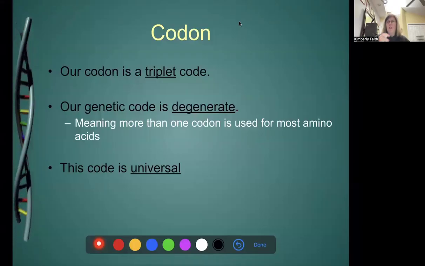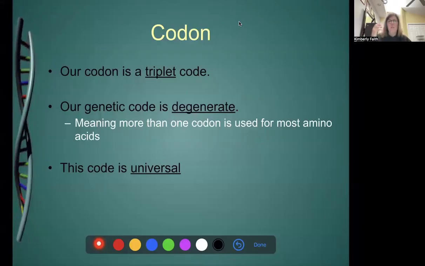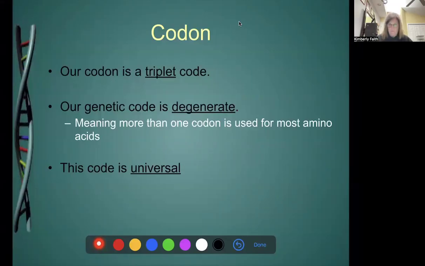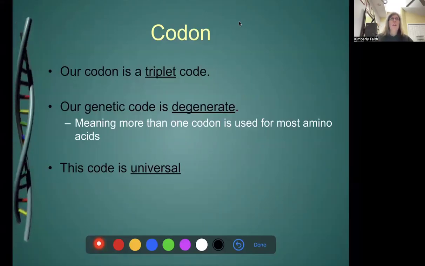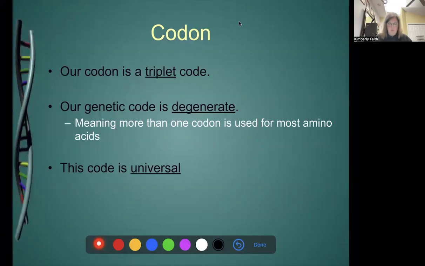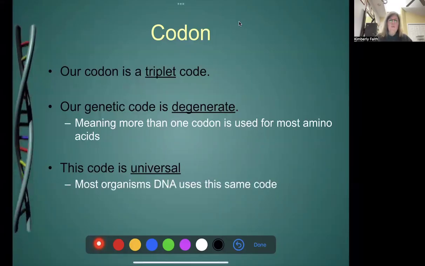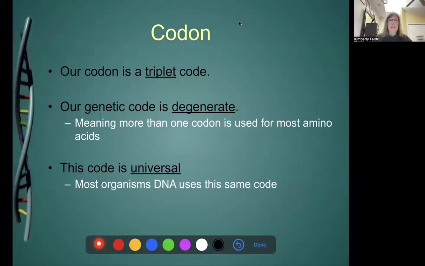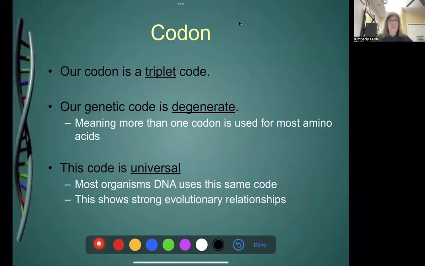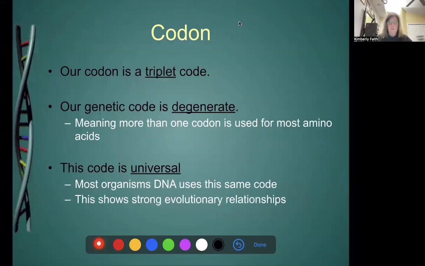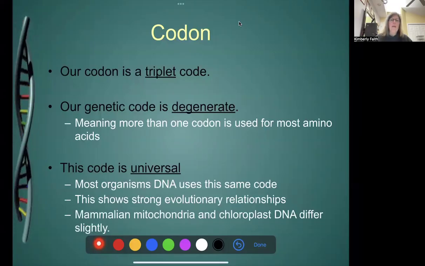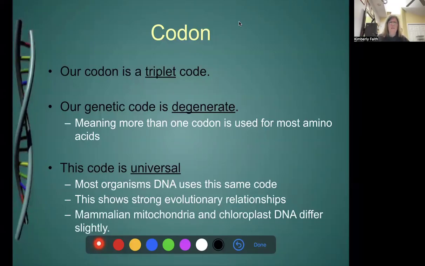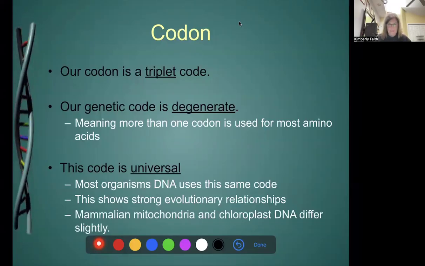All the organisms on our planet go by this code, hence another support for evolution. Most organisms' DNA uses the same code, showing strong evolutionary relationships. Mammalian mitochondria and chloroplast DNA do differ slightly.